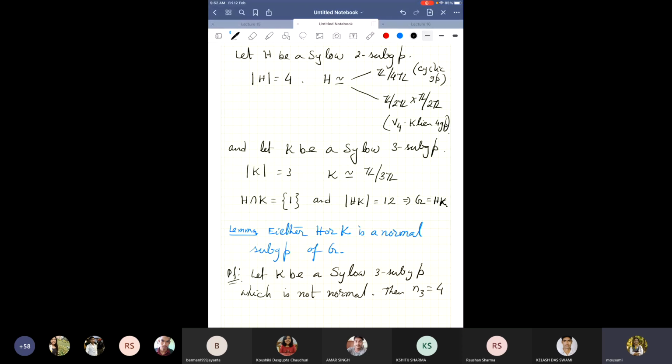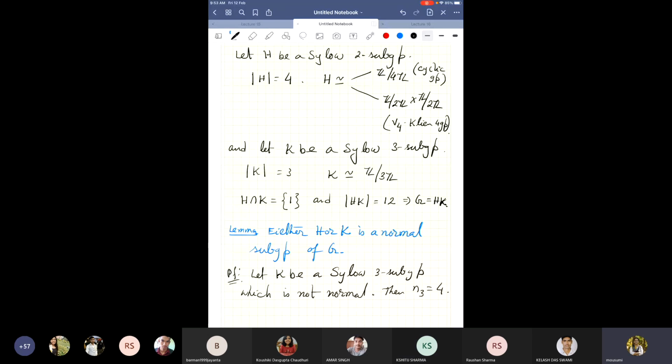But since I am assuming that it is not normal, the number of Sylow 3 subgroups is not equal to 1. Therefore, it has to be equal to 4. So if the number of Sylow 3 subgroups is 4, then in one Sylow 3 subgroup, how many elements are there of order 3? 2 elements apart from identity. There are 2 elements of order 3.